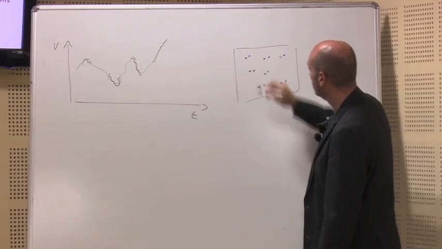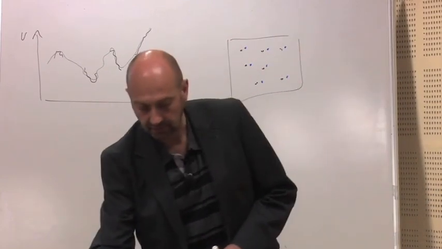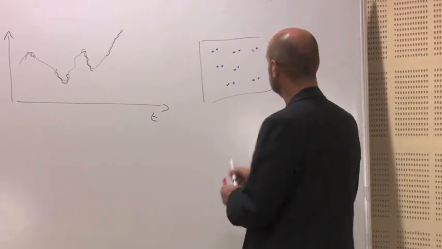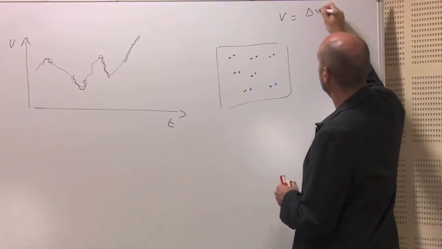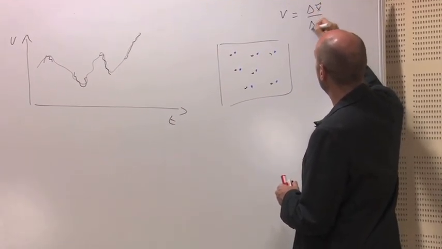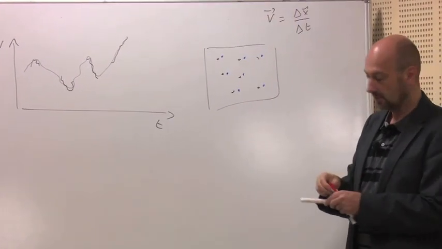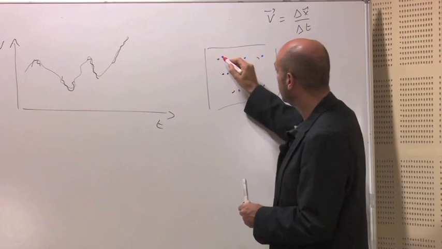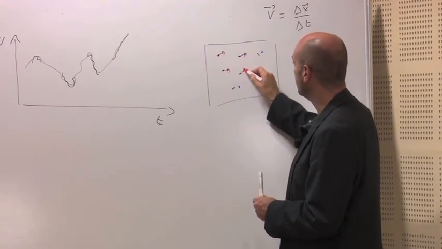Okay, they have moved, and then based on that, the velocity. So the velocity is delta x over delta t. Okay, so it's very easy. You track the particles, and then here you can see the velocity field.